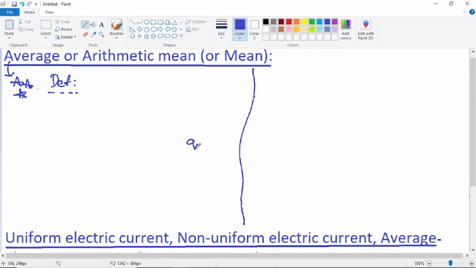For example, let us take it to be a simple quantity like length, say the length of a stone or an object.